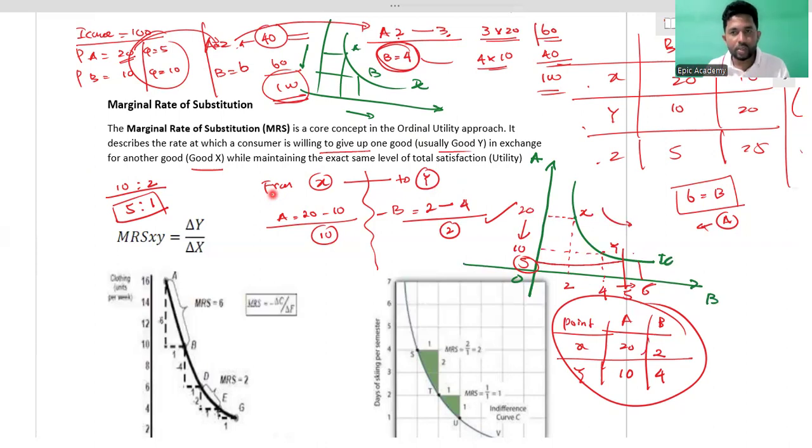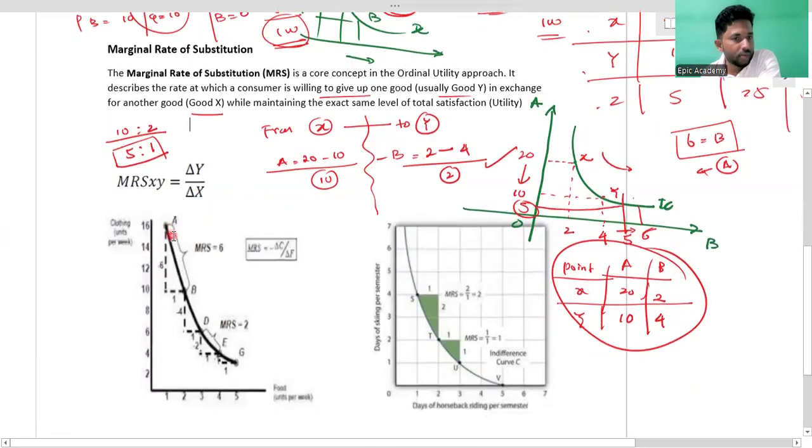If income increases, no need to worry about the constraint. You can change the consumption suddenly.